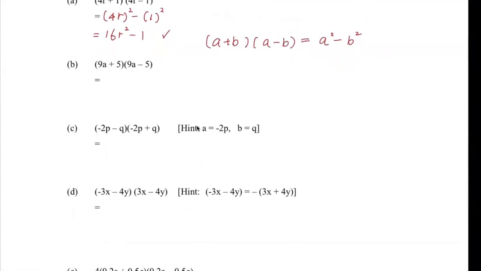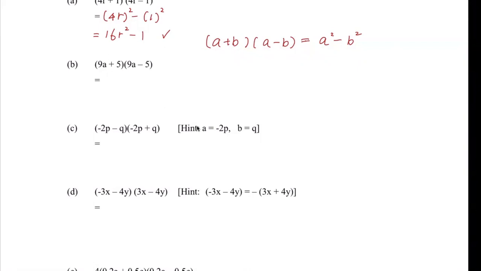The question, 9a plus 5, is A plus B, and 9a minus 5 is A minus B. So this question is also of the form A plus B times A minus B. The difference is that in the question, A is equal to 9a and B is equal to 5. This is what I meant by A and B in the formula not necessarily having to be numbers. They can be expressions.